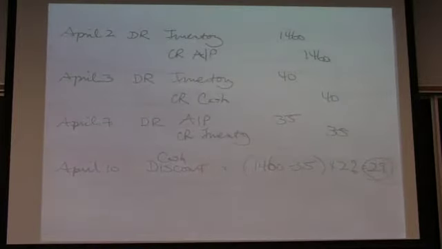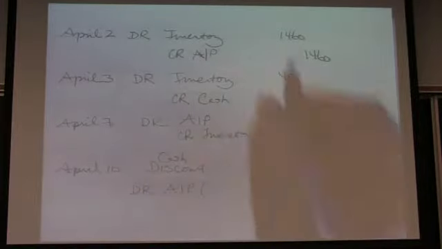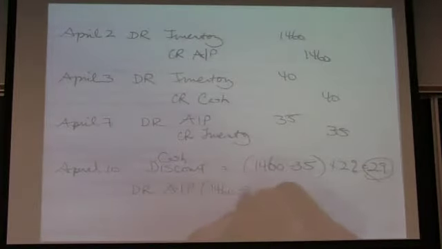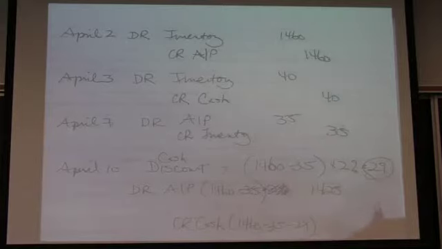So we're going to debit accounts payable because we no longer owe it. The accounts payable is $1,460 less $35 for the return, and the $29 was not recorded, so it's just $1,460 less $35. The cash amount is going to be $1,460 minus $35 minus $29.